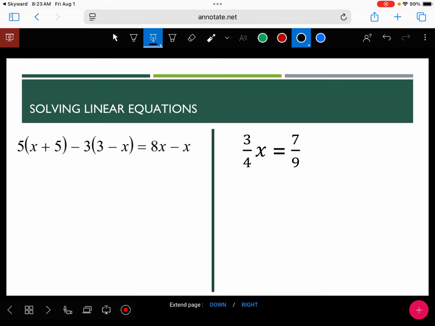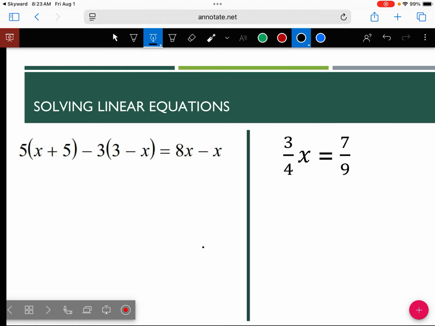Okay, let's go ahead and copy down these next two. I'm going to give you a couple minutes to work through these on your own, and then we'll go through it together.